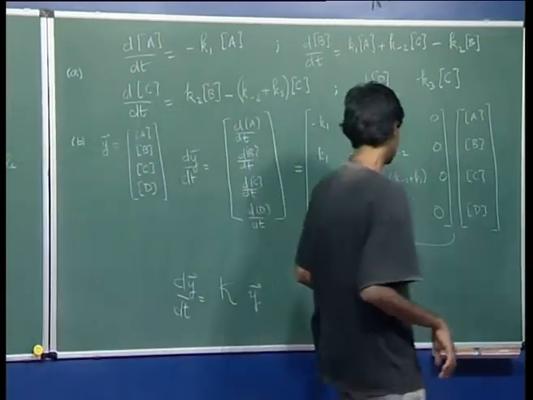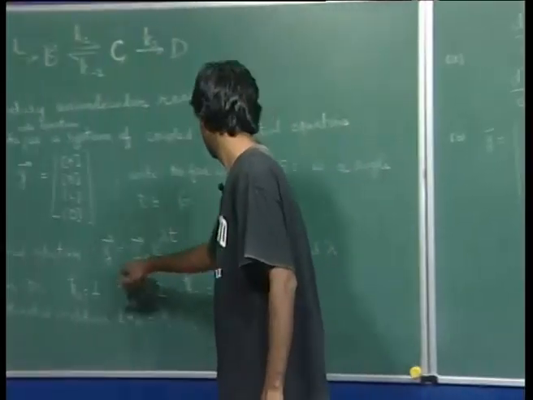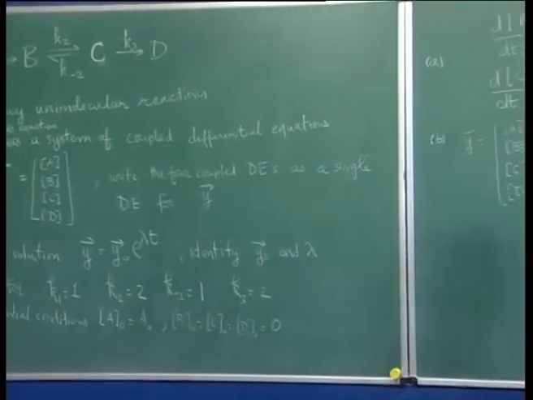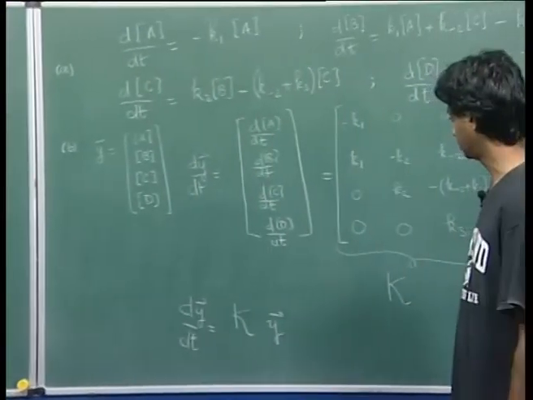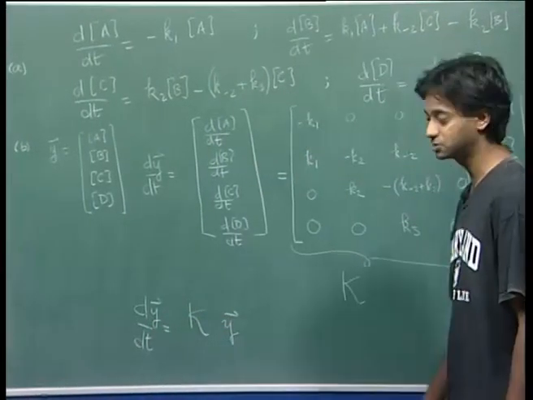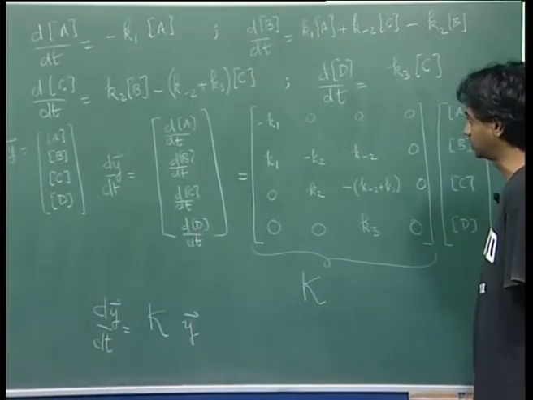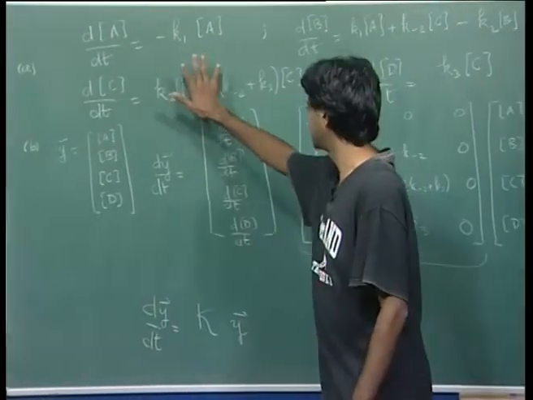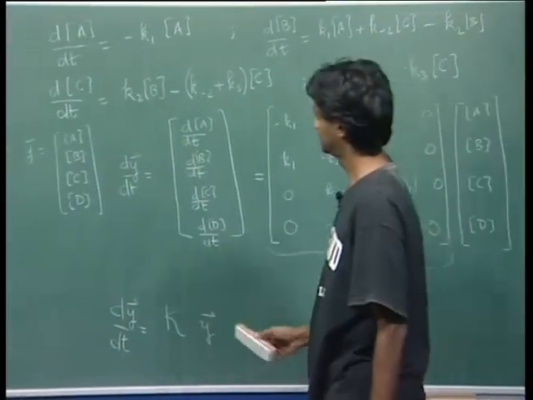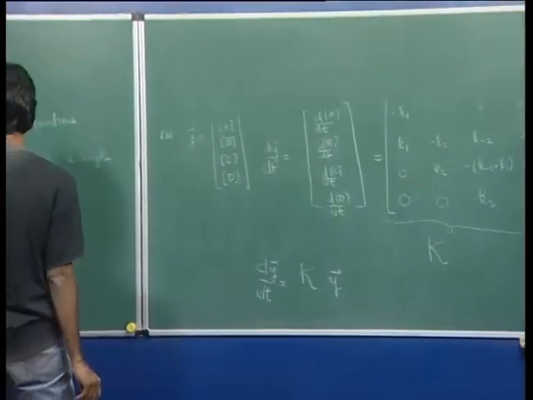Now, next in part C we want to use a trial solution, y equal to y0 e to the lambda t. So, what we are going to do is substitute for y and see what we get. I'll keep erasing the top section and leave the bottom section. So, let's do part C of this problem.